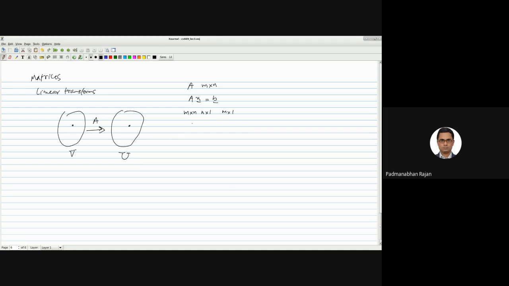So essentially this matrix A has transformed something in R raised to n to R raised to m. x is a vector in R raised to n, and b is a vector in R raised to m. So this transformation has transformed my x from vector space Rn to another vector space Rm. Right. So this is the mapping which it is doing.